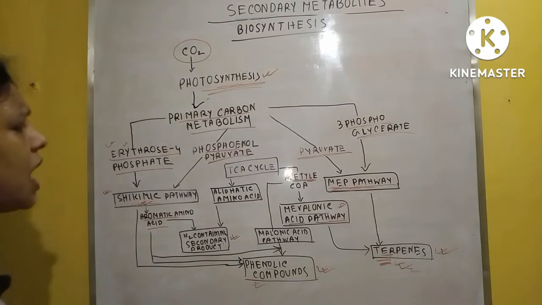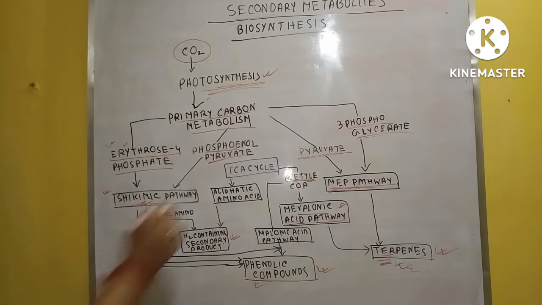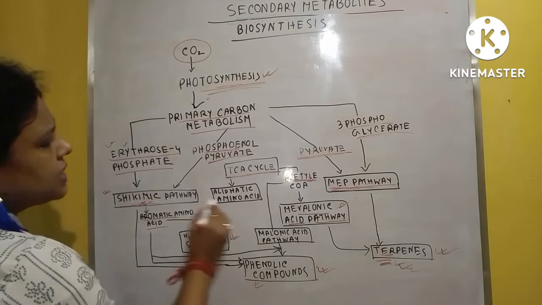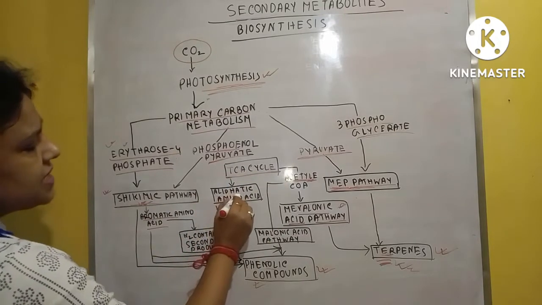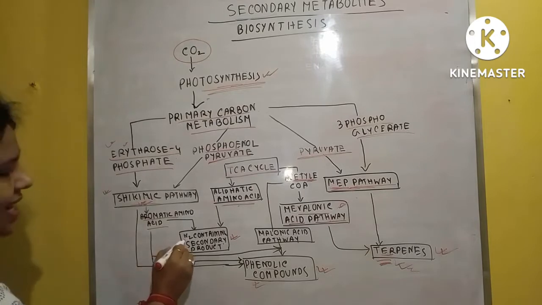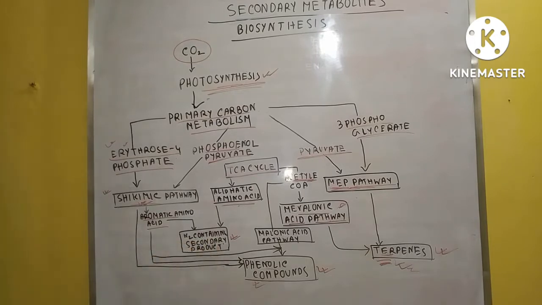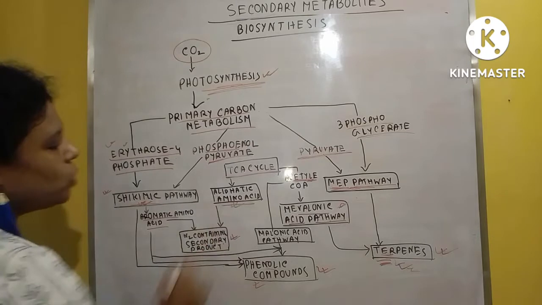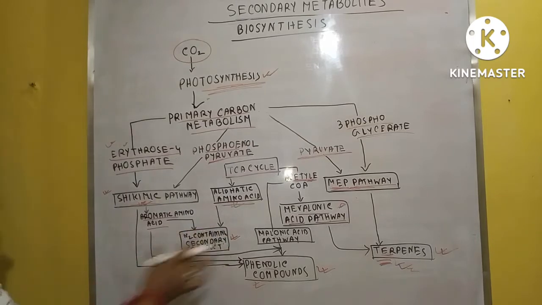Clear? Now you can see that from the TCA cycle, the aliphatic amino acid forms, and that obviously helps to form the nitrogen containing secondary product. They have a role in the formation of the nitrogen containing secondary product.